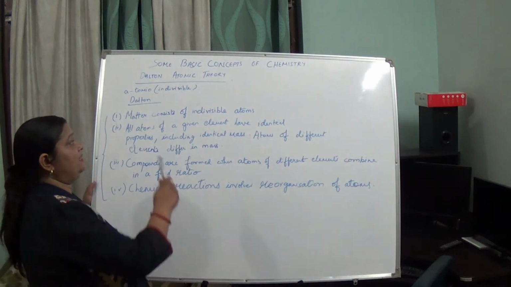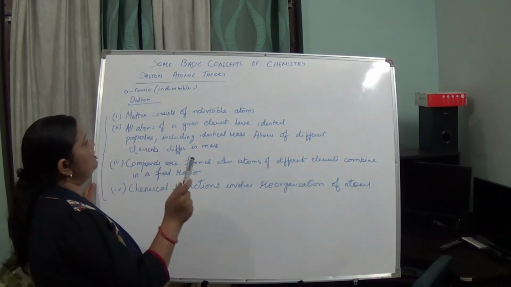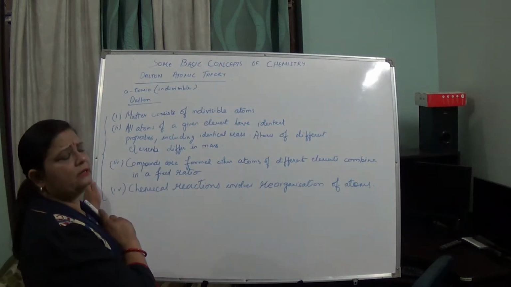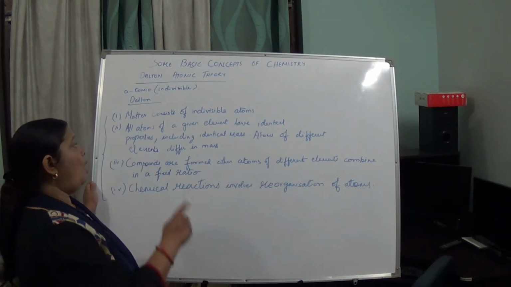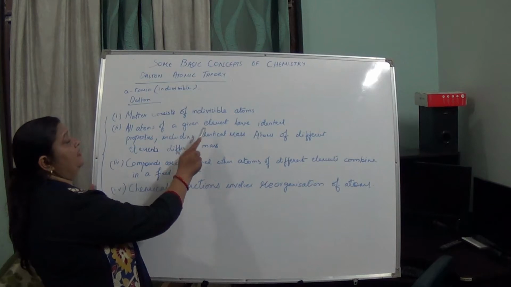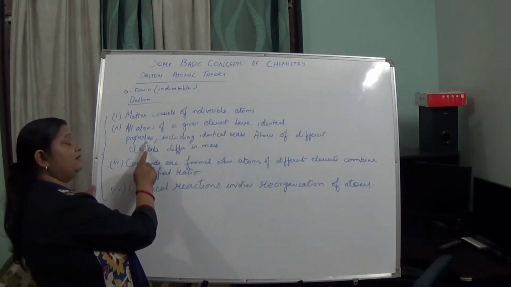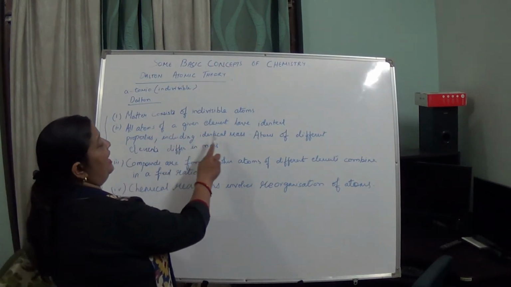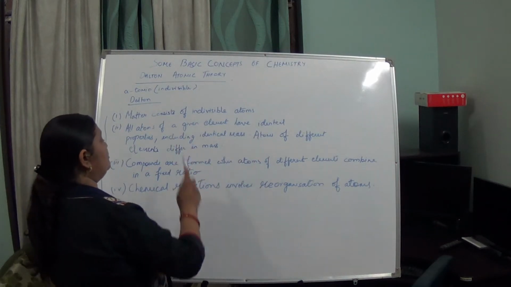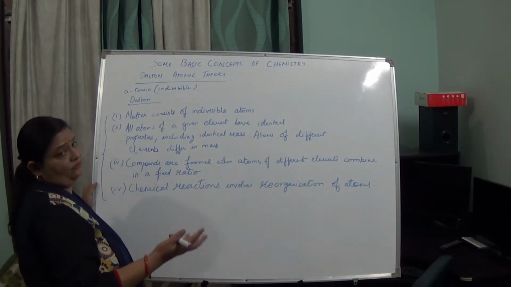He said that matter consists of indivisible atoms. It means the atoms can't be divided. All atoms of a given element are identical, have identical properties, including identical mass, and atoms of different elements have different mass.